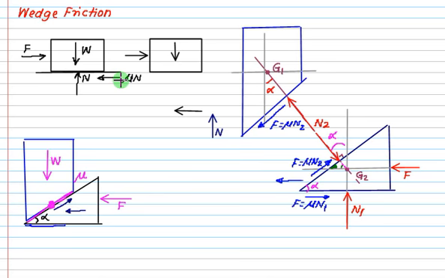What is this force? It is mu N, and what is this force? It is N. So this one is mu N, this one is N, and can we combine these two forces using vector analysis? So this is the resultant force R, and this resultant makes an angle equal to what? Phi. And what is phi? So tan phi is always equal to what? Mu. That you can see from this figure also.